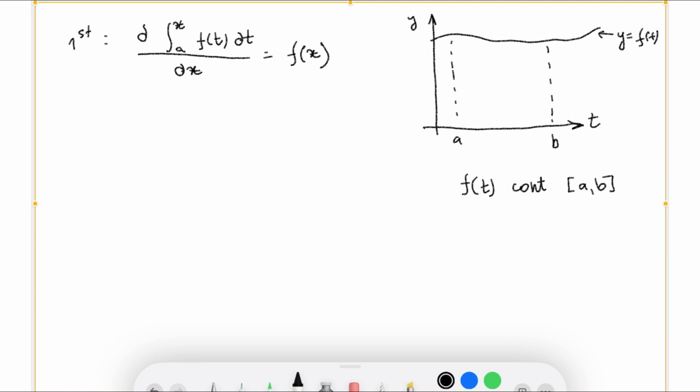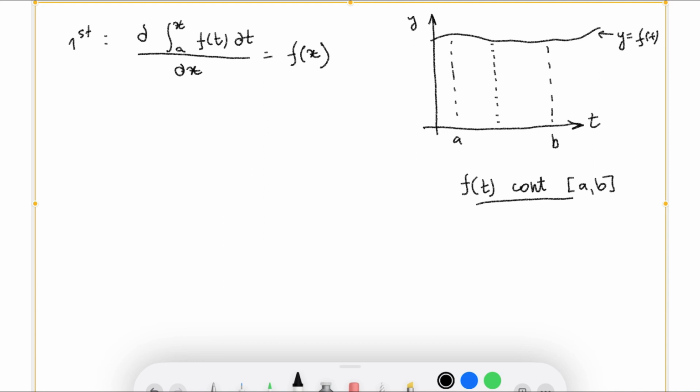Actually, this is a requirement for derivation, so we are actually not deriving f of t, but maybe I'm not exactly sure about this, but it's not that important.